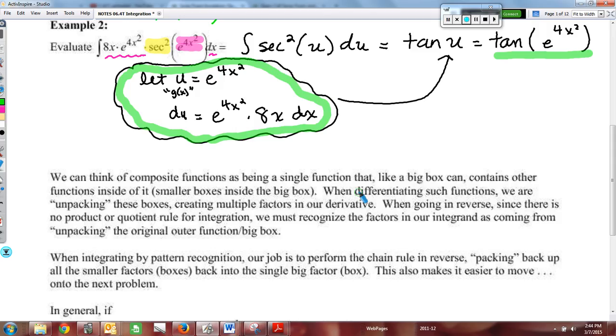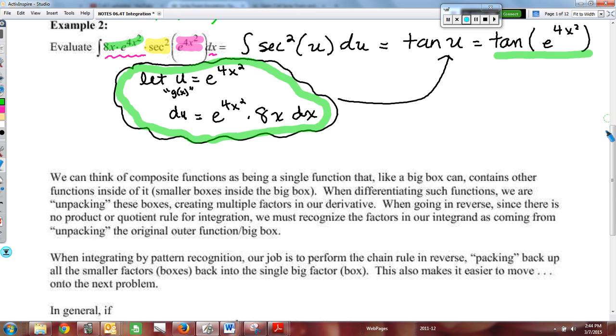Then when you go in reverse, once you recognize that all the extra stuff sitting out is from chain rule and needs to go back in the box, you pretty much ignore those portions. I'm taking this portion and saying, oh, that's the stuff that gets packed away again. So I can ignore it and simply focus on the antiderivative of secant squared, which is tangent, and just bring the stuff back along with me.